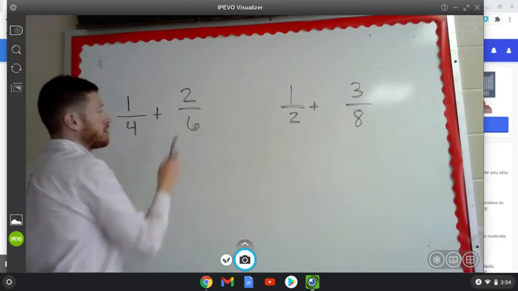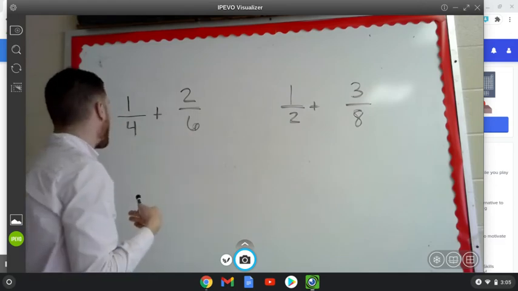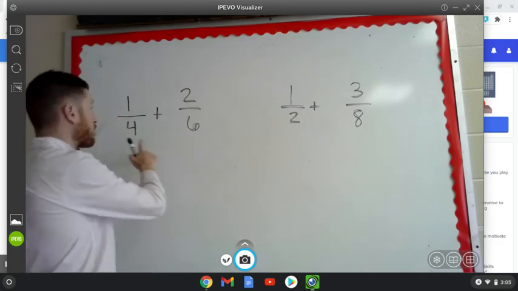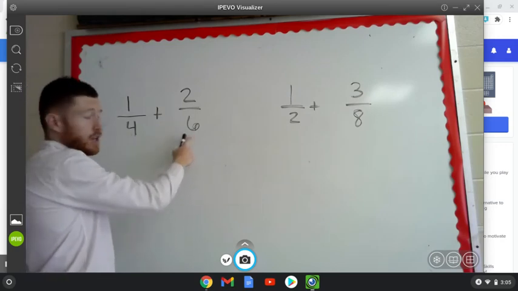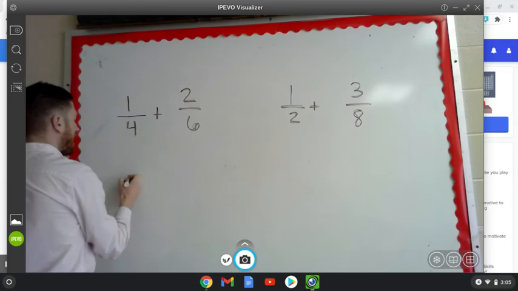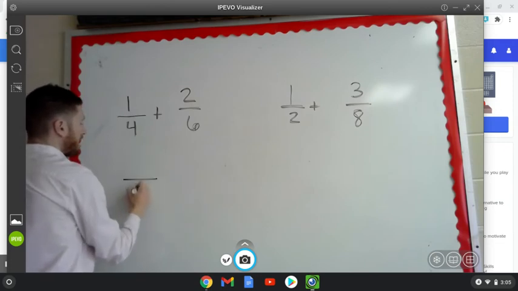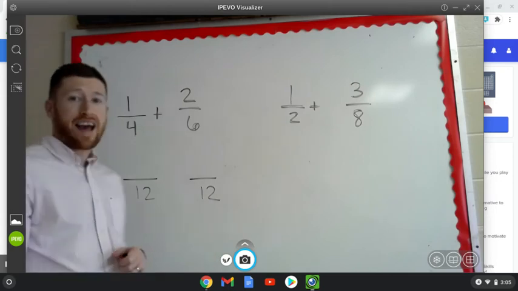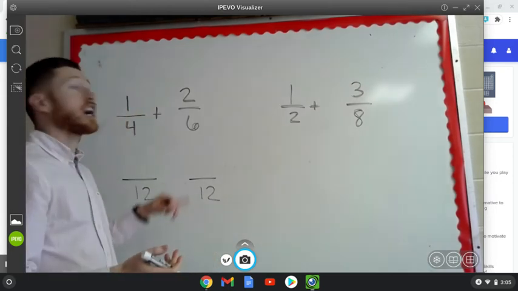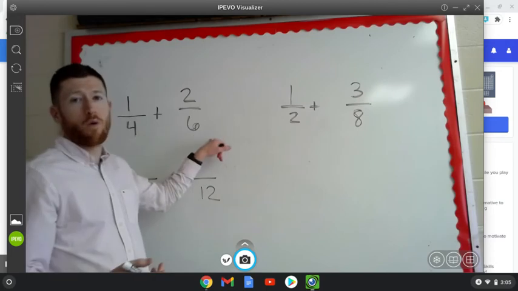But there's nothing I can multiply 6 by to get 8. So let me try 4 times 3. 4 times 3 would be 12. And I can multiply 6 by 2 and get 12. So I am going to make my denominators be 12. That can be a common multiple between 4 and 6.